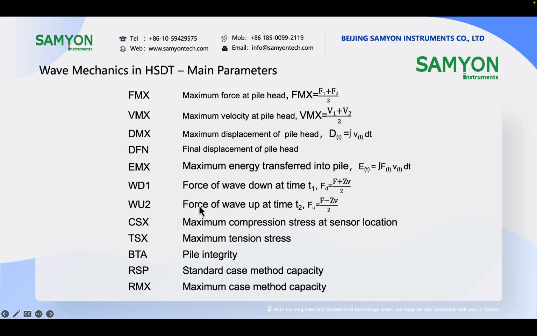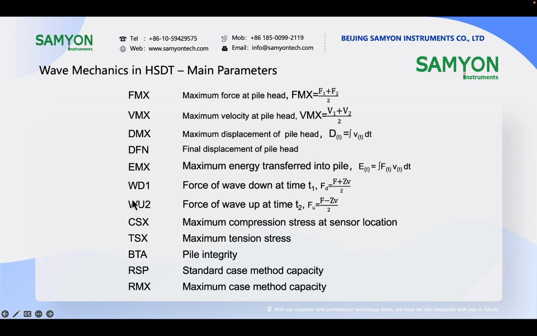WD1 and WU2 are, respectively, the force in the wave down at time t1 and the force of the wave up at time t2. The reason that we display these two parameters is that in a later part, we will discuss the calculation of case method capacity. Then we will use these two parameters.